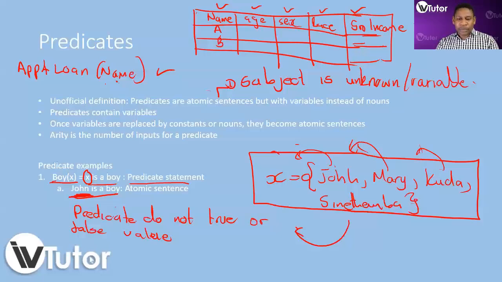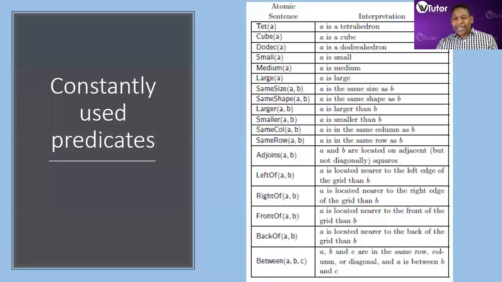I was going to say that these predicates are the ones that you're going to encounter a lot in the course of this module. This table is not going to be given in the exam.